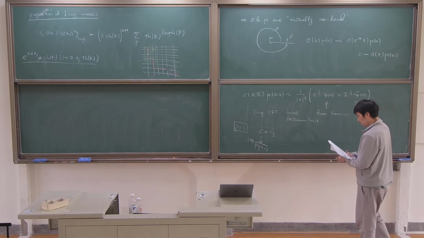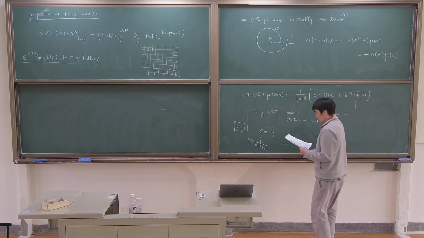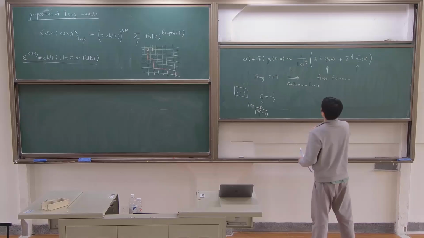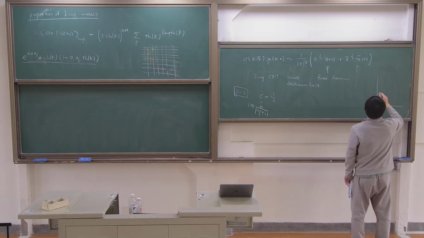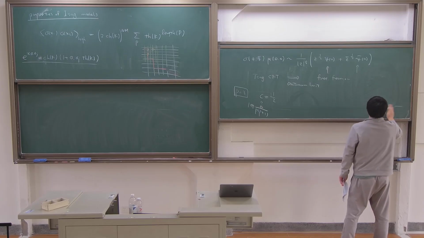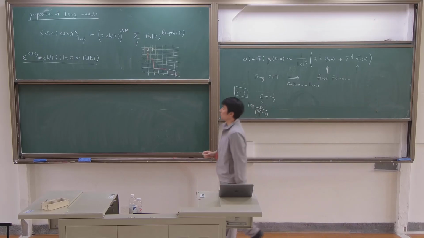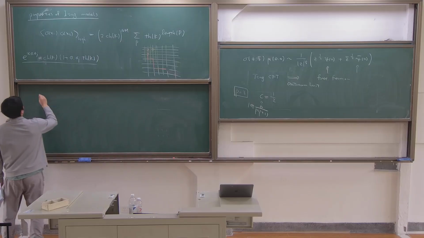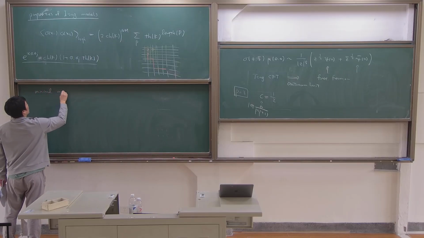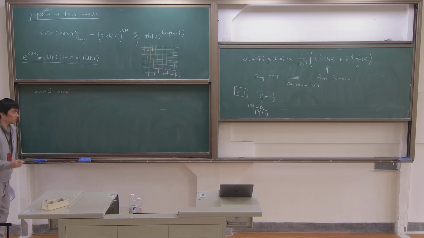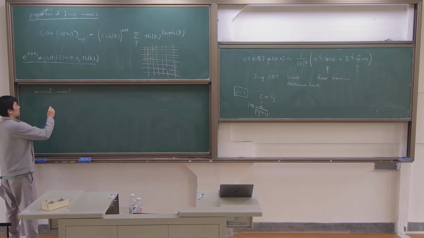Okay, and in fact, here you have the dimension. So let's recap the minimal model. What are the minimal models? You just look at the Virasoro representation.